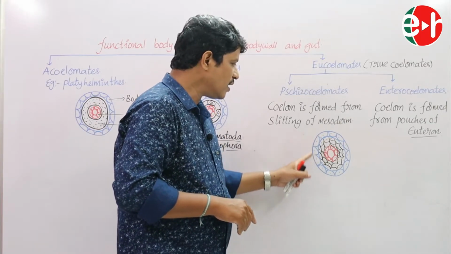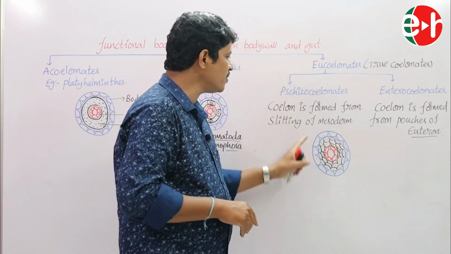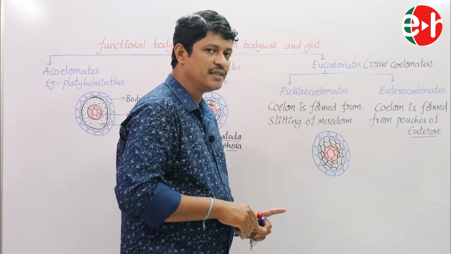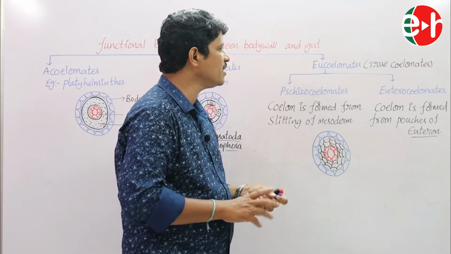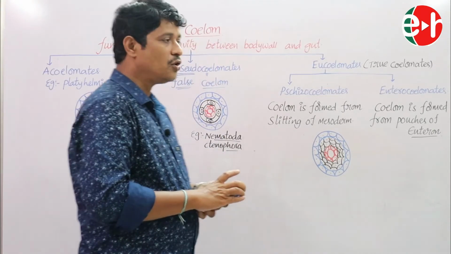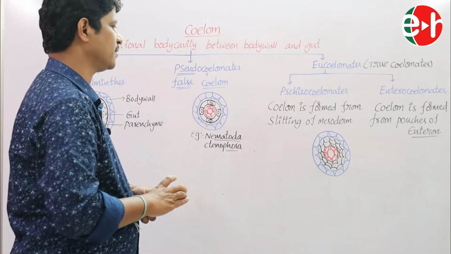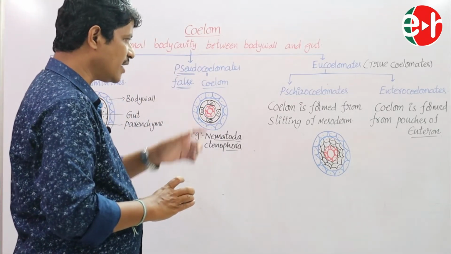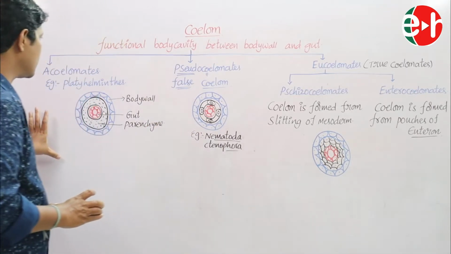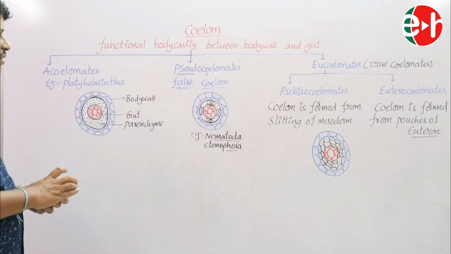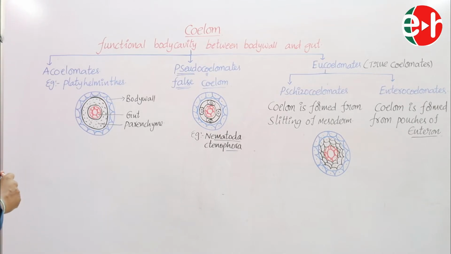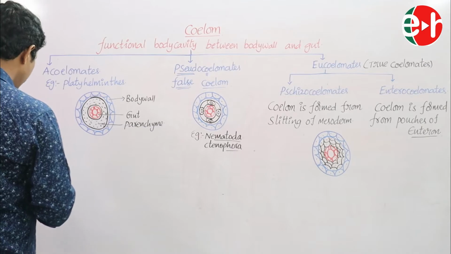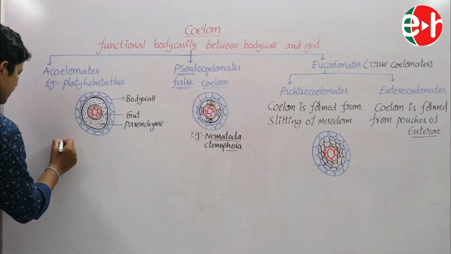In all directions between the body wall and gut, the mesoderm is present. This type of coelom is called true coelomates or eucoelomates. This is the functional classification: acoelomates, pseudocoelomates and eucoelomates. Now we are going to discuss two more points here. Germ layers.